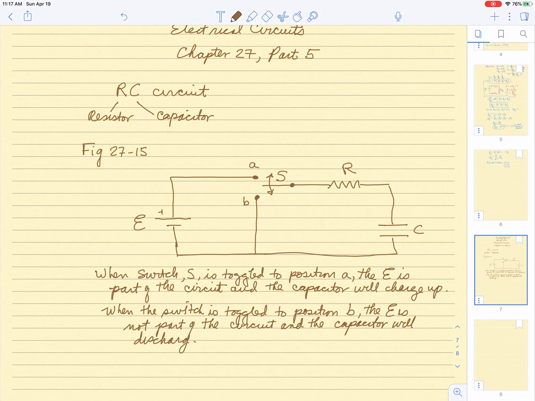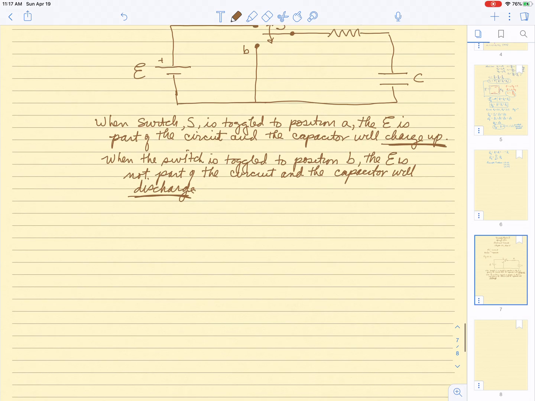So let's look at these two parts of this circuit, right? So let's look at the charge up scenario, and we'll look at the discharge scenario separately. Okay. So let's begin to do that. So here's the circuit then. Looking at just the charge up.